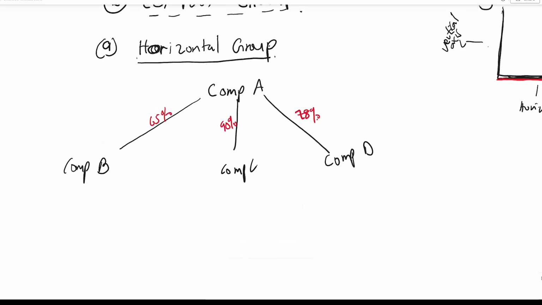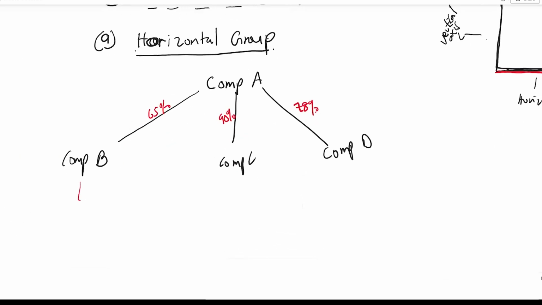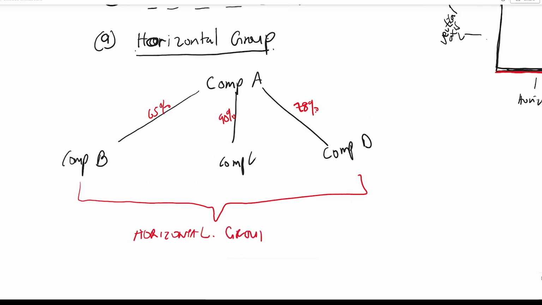So I will name this group horizontal because of the structure it carries. It is a complex group, but with the structure of a horizontal axis.